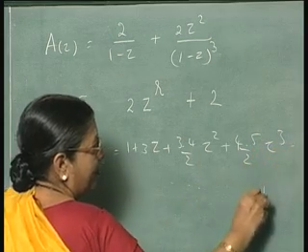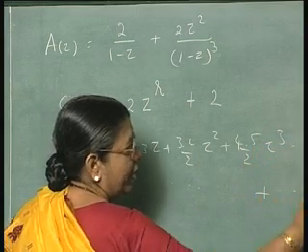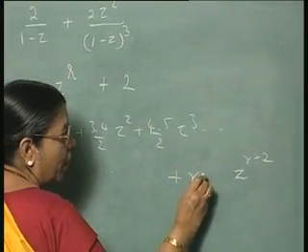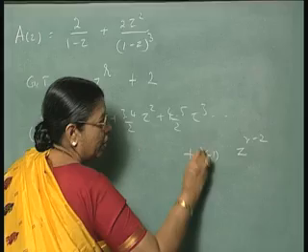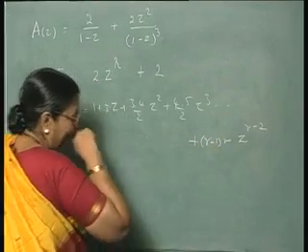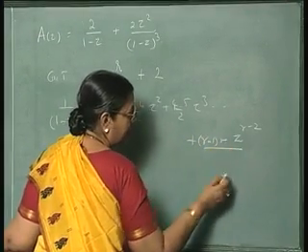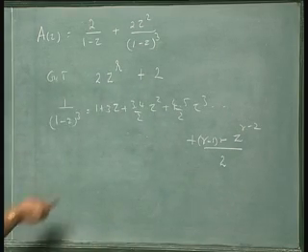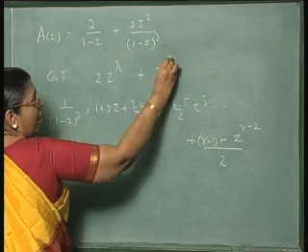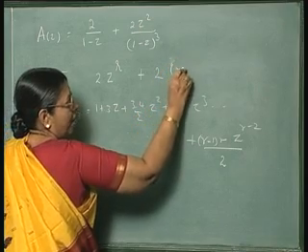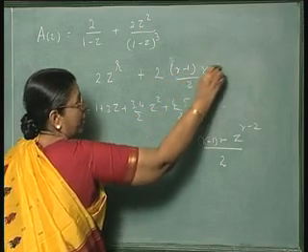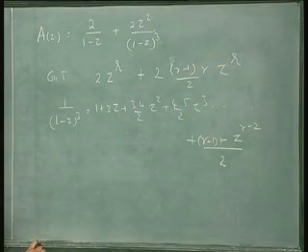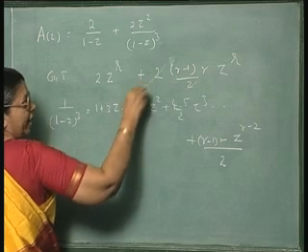The general term, or the coefficient of z power r minus 2, will be r into (r minus 1) by 2. So, making use of that here, it will be (r minus 2 plus 1) into (r minus 2 plus 2) by 2 z^r. The coefficient of z power r here will be this. This 2 and 2 will get cancelled.